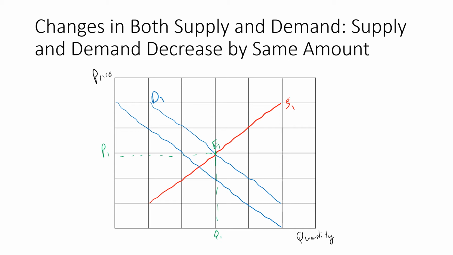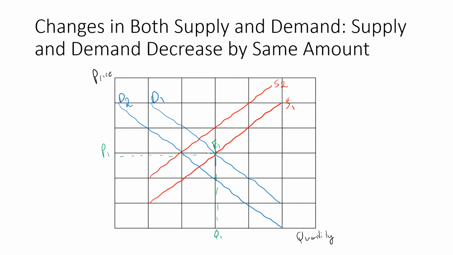I can show that we are going to have similar shifts in supply as well. So this is my new demand, now demand 2. And now I'm going to draw a new supply, again a shift to the left of my original supply. And this is supply 2.